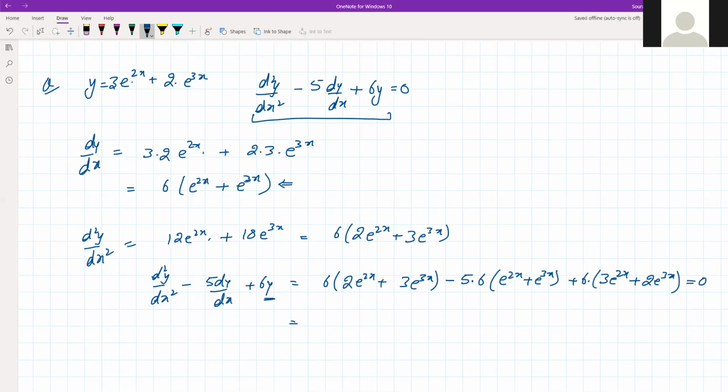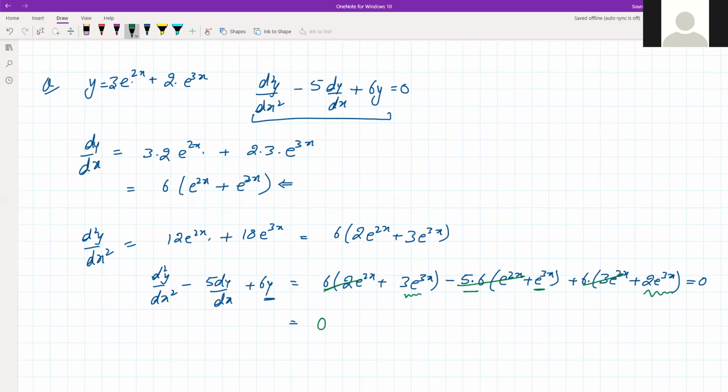What do we have to do? We have to prove that this is equal to 0. So this will come to be 0, because for e to the power 2x, there are 12 from the first term, minus 30 from the second, and 18 from the last, which sums to 0. Then for e to the power 3x, we have 18 plus 12, so a total of 30 e to the power 3x, and here also we have 30 e to the power 3x, right?